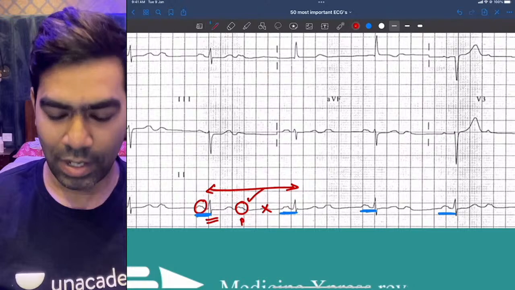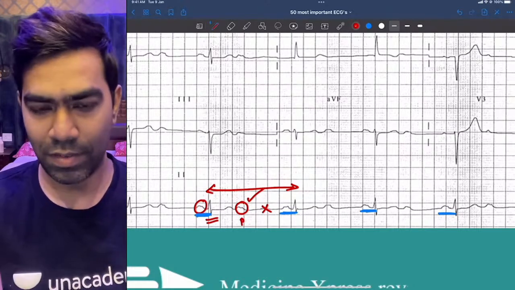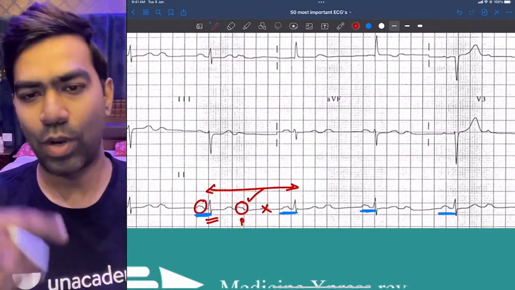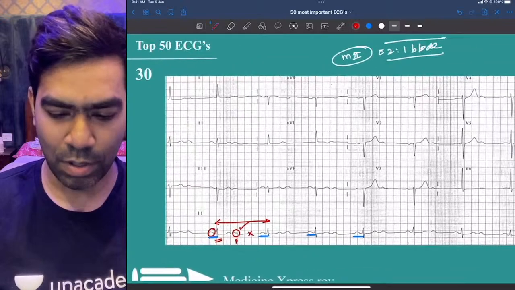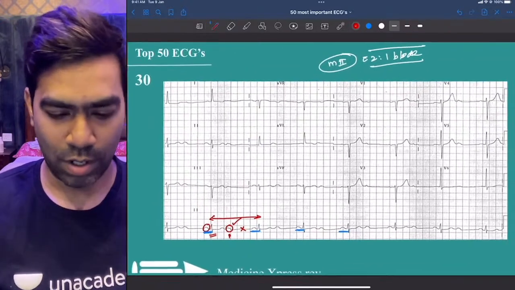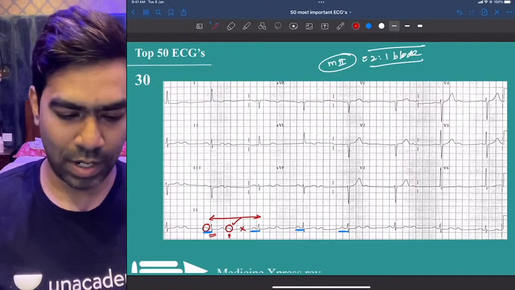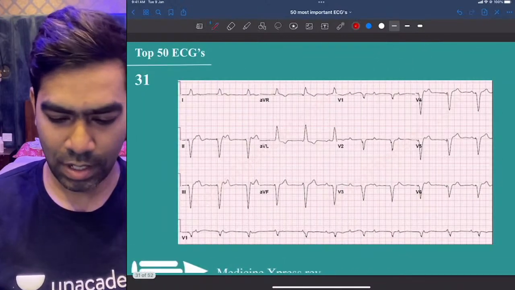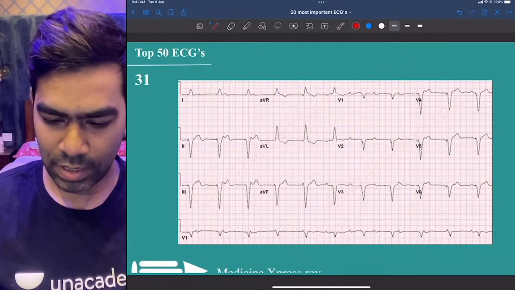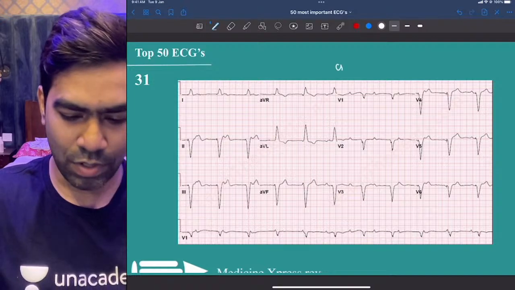So here, for every 2 P waves, only one is conducted and one is not conducted. That is why this is an example of a Mobitz 2 with 2:1 block. Again, please understand, if you have a P wave that is not conducted, then only you're going to make a diagnosis of Mobitz.